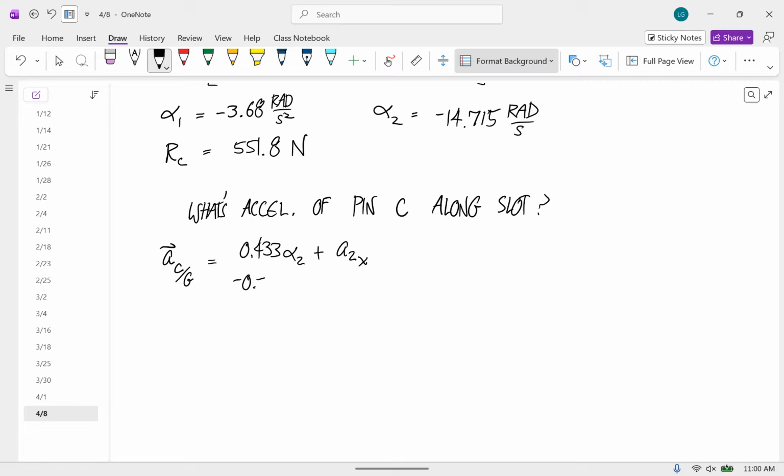This one was negative 0.25 alpha 2 plus a2y. Now we can plug in our values.